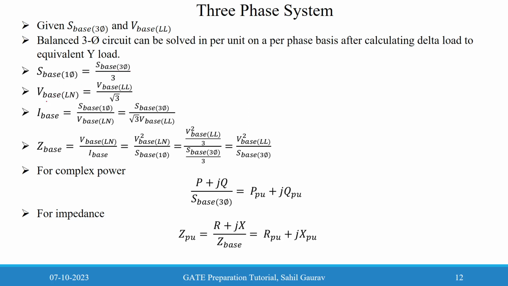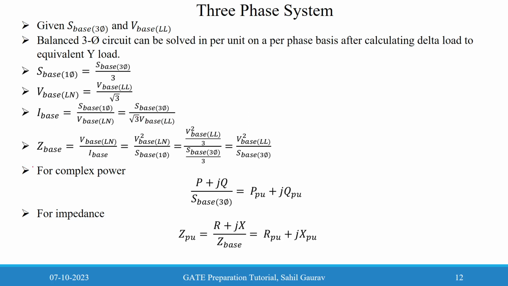To find the base phase voltage, divide the line-to-line base voltage by root 3. This gives the base value in line to neutral voltage. For the base current, it will be S base single phase divided by V base line neutral. And in three-phase form, S base three phase divided by root 3 into V base line to line. From both you will get the same answer.